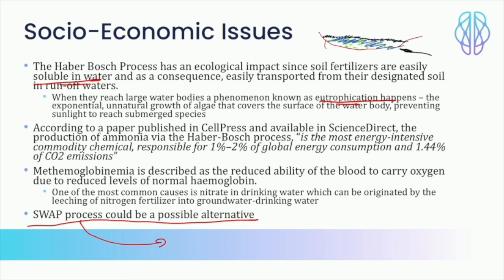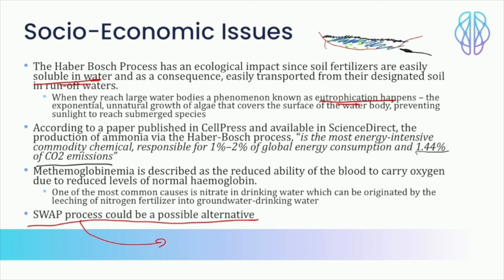Another thing that we briefly discussed previously is that the Haber process uses a lot of energy, right? So a recent article found that the Haber process actually is one of the most energy intensive chemical processes, using about 1 to 2% of the global energy consumption and producing about 1.44% of CO2 emissions.